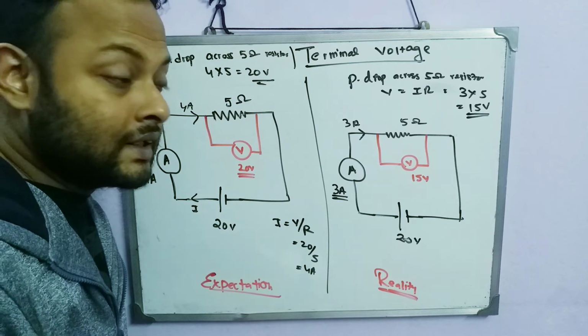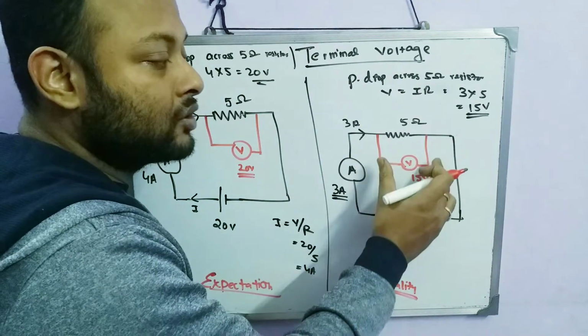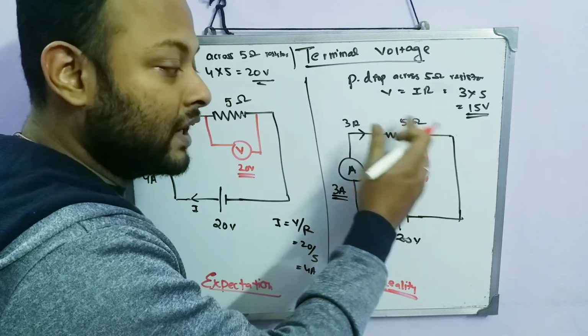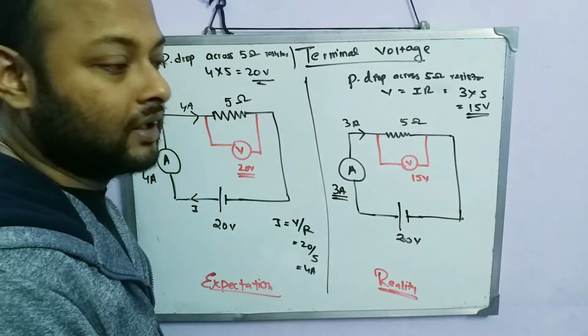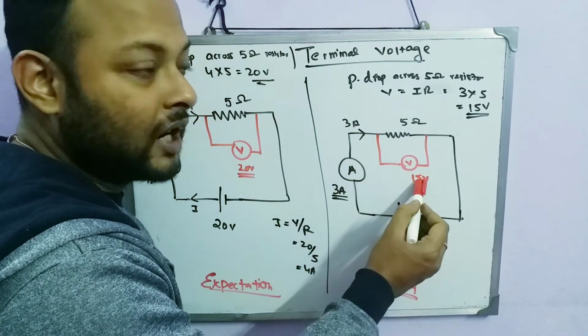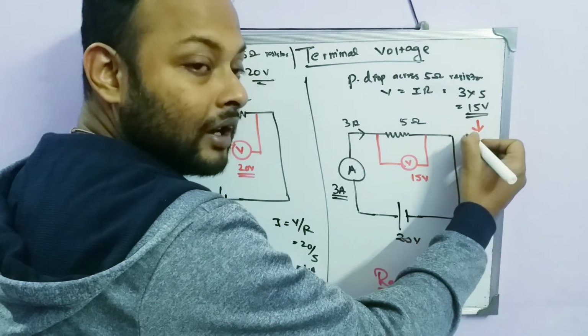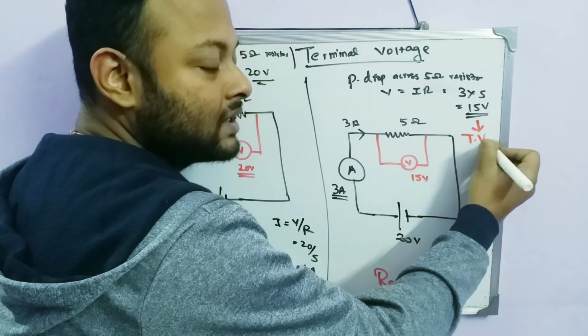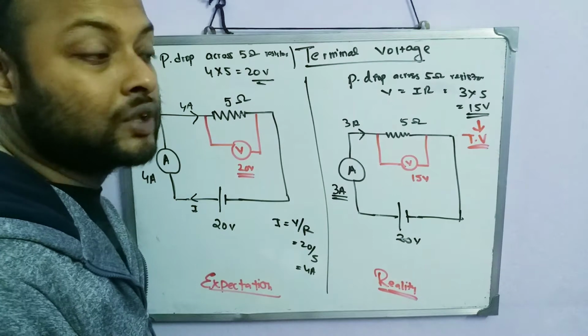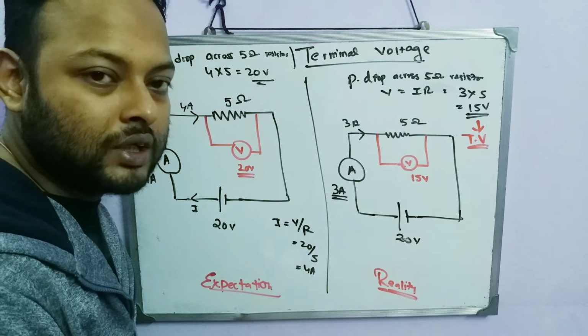So how much voltage am I getting in the external circuit, not over here, in the external circuit? 15 volt, and this 15 volt that I am getting is called terminal voltage.